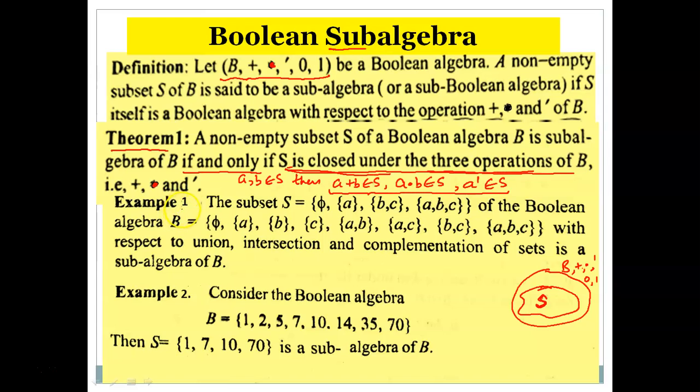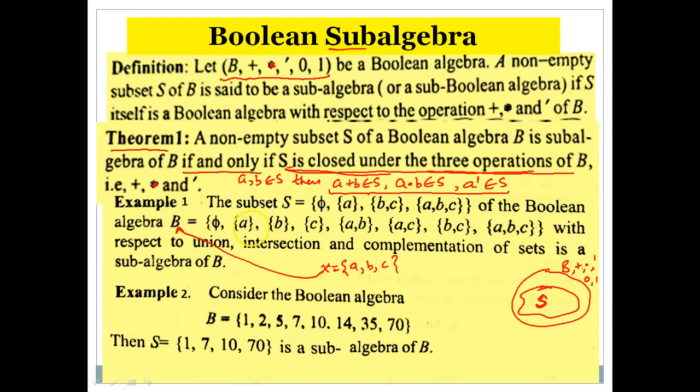So now we can have one example of subalgebra. If we consider a subset S equal to phi, A, B, C of the Boolean algebra B, which is in fact the power set of the set X. Suppose I am taking X having the elements A, B, and C, then you know that its power set is in fact B. The power set will consist of 8 elements here.